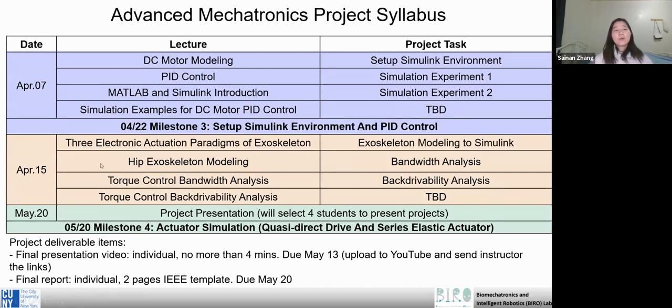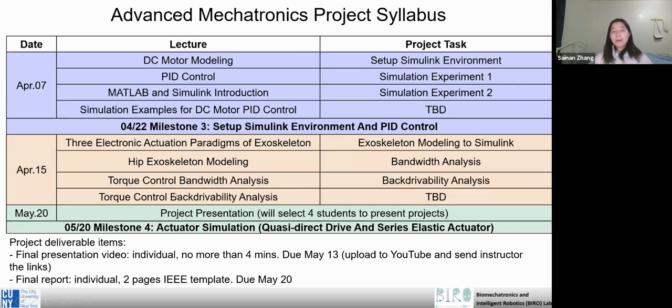Today, we will talk about 3 electronic actuation paradigms of exoskeleton, including the conventional actuator, series elastic actuator, and Quasi-Direct drive actuator. After this, we will talk about the hip exoskeleton modeling, and the hip exoskeleton bandwidth analysis and backdrivability analysis.